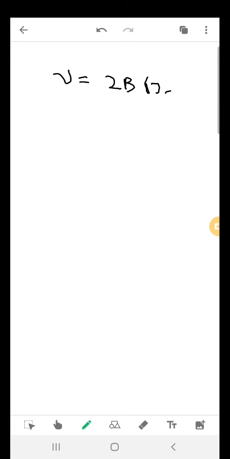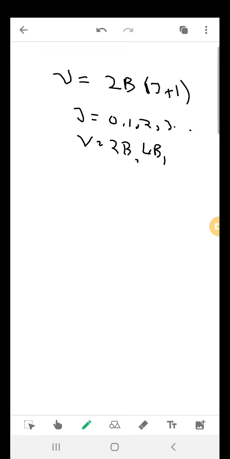So this is the wave number which we get in terms of transitions between energy levels, where the value of J as usual is 0, 1, 2 and 3, whereas the value of nu bar stands for 2B, 4B, 6B, etc. for different values of J.